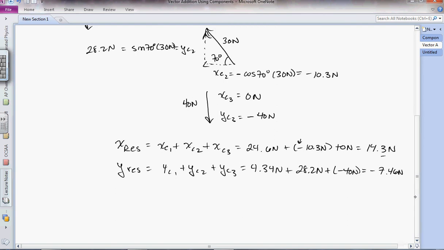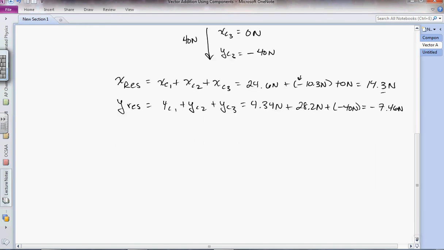All right, so this is the x and y component of the resultant force, the force that results from those three forces added together and acting on that object. So now we're going to take these components and use them to figure out what that resultant force is. We're going to keep our coordinate system in mind. The x component, since it's positive 14.3 newtons, will point off to the right here, and it'll have that magnitude.